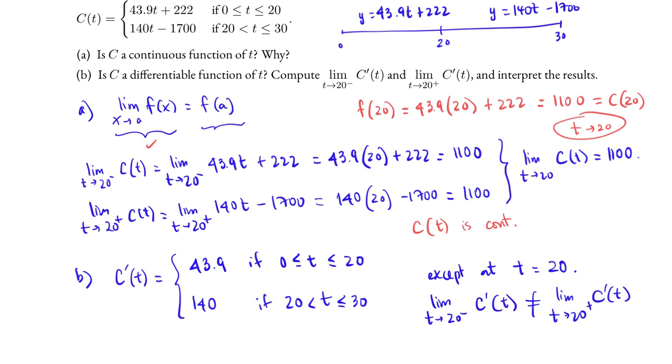On the left-hand side, the limit of the derivative is 43.9, and on the right-hand side, the limit of the derivative is 140, and these two numbers are not the same. We conclude again that the function is not differentiable at t = 20.